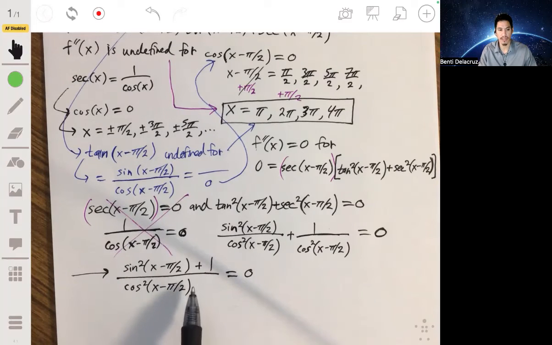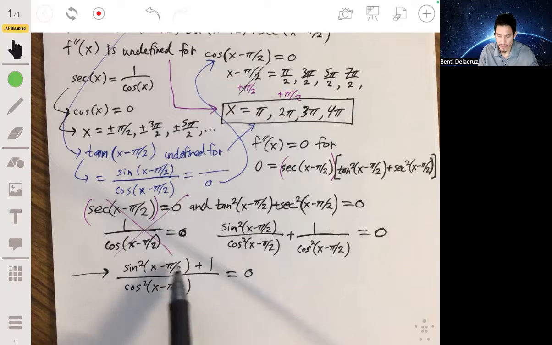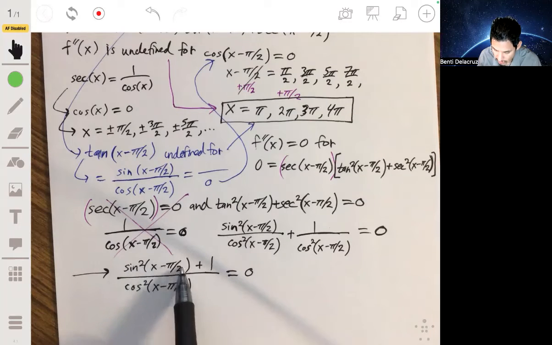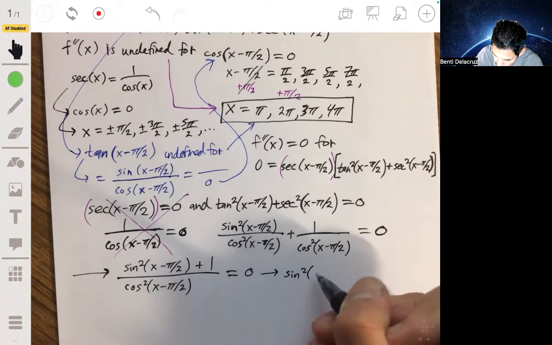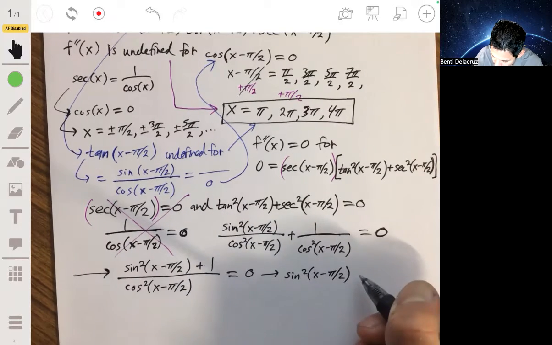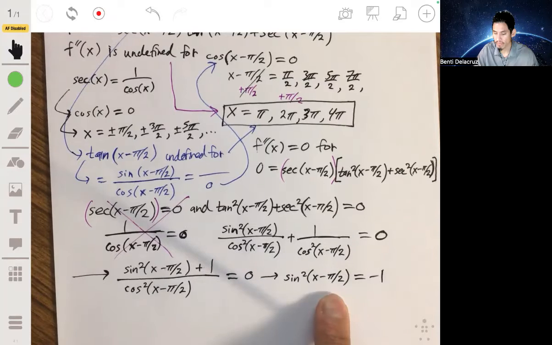Now here's the thing, if you think logically, the only way this could work is if sine squared of x minus pi over 2 equals -1, because -1 plus 1 has to equal 0. So that means sine squared of x minus pi over 2 has to equal -1.